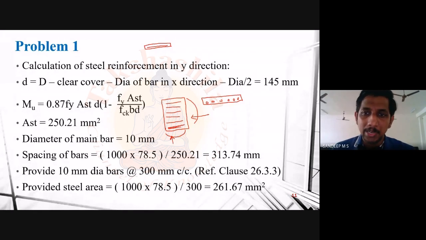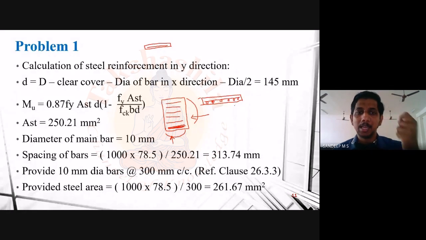Here, when you calculate the effective depth, this is your overall depth, which was 155. Then you have a cover here. Then you have this main reinforcement which is provided in the x direction. On top of this you will have the reinforcement which is effective in taking up the moment acting in the y direction.